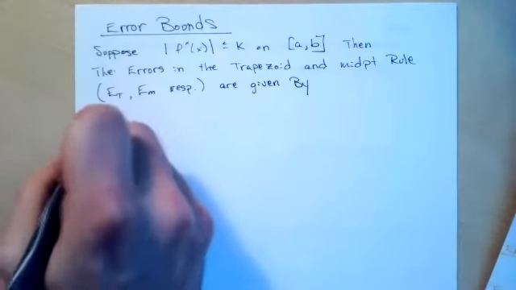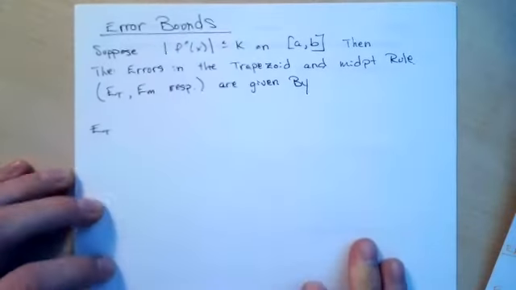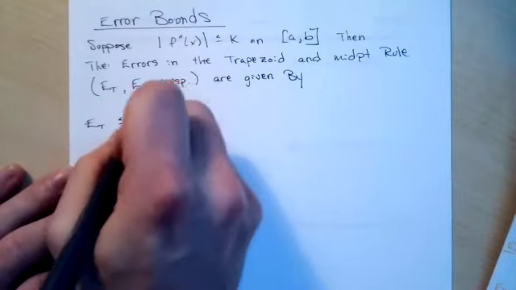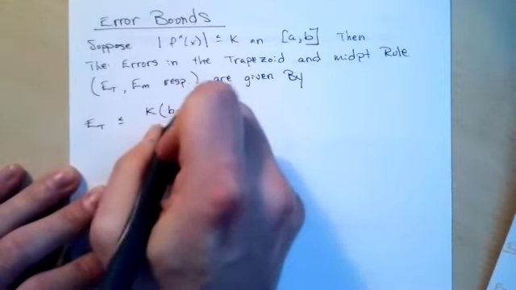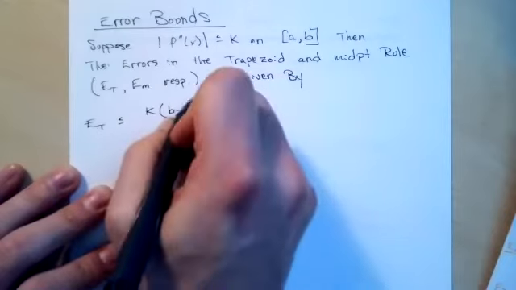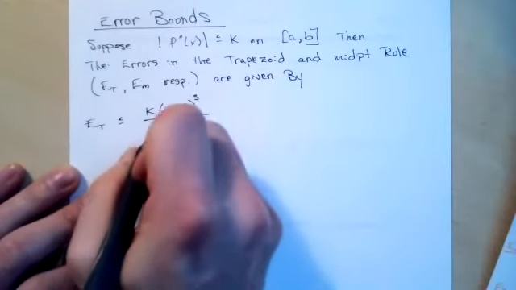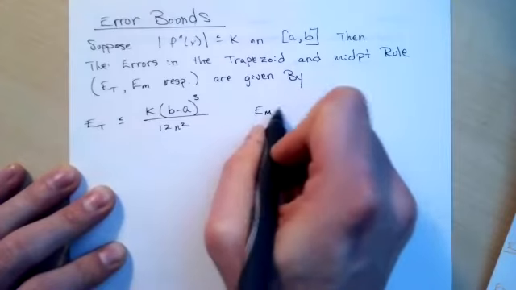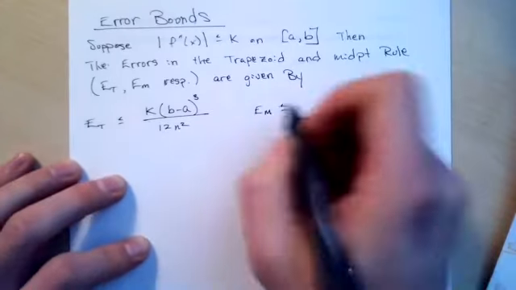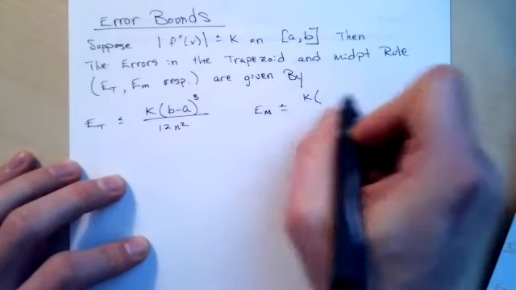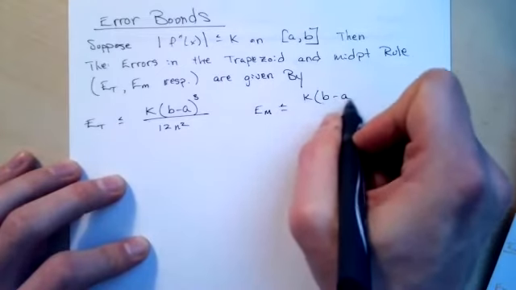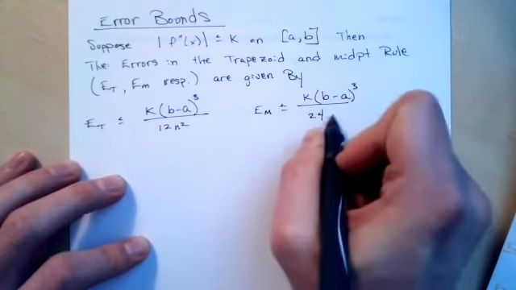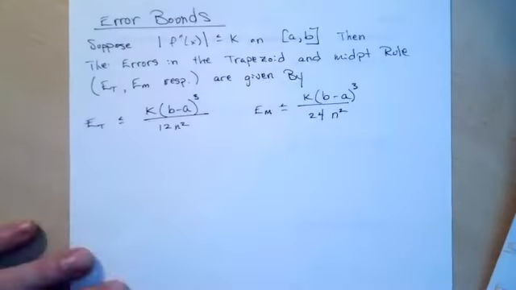So our trapezoid rule, the error is bounded by that constant times the width of the interval cubed over 12n squared. The midpoint is bounded by the constant times the width of the interval cubed divided by 24n squared.